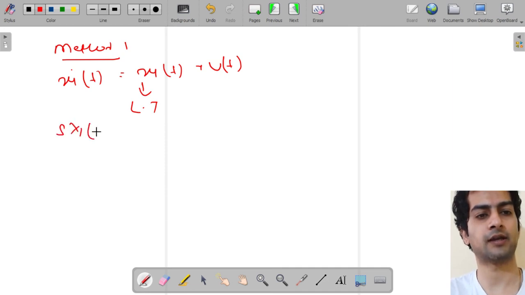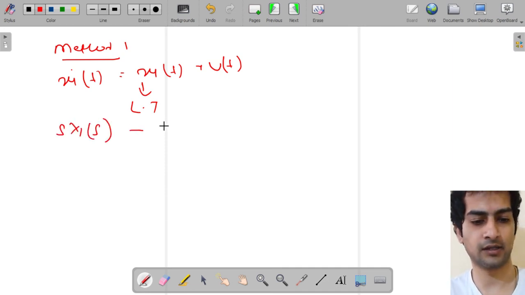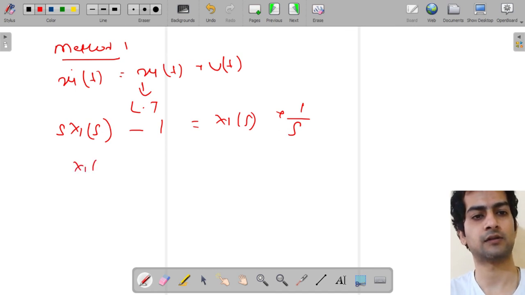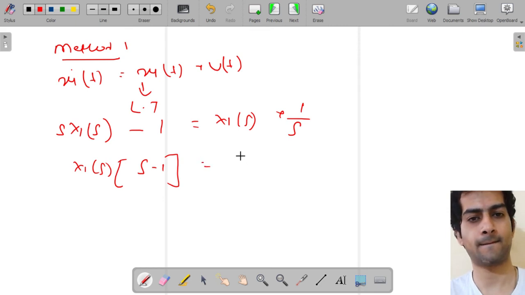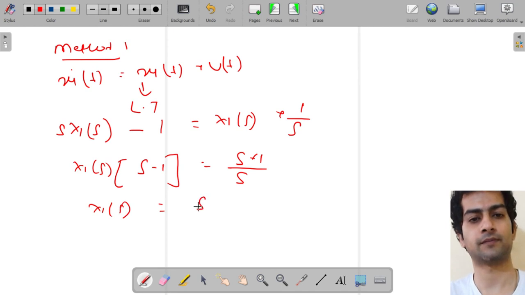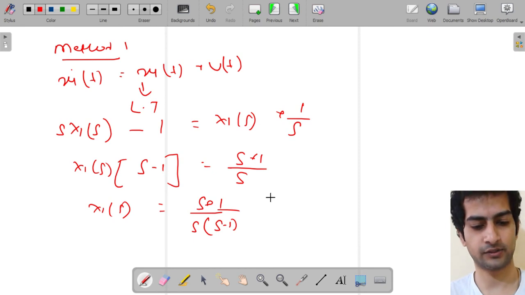We will get this with the initial condition, then this, then this. Now this gives minus 1 by s plus 1, so it will come s plus 1 by s minus 1.